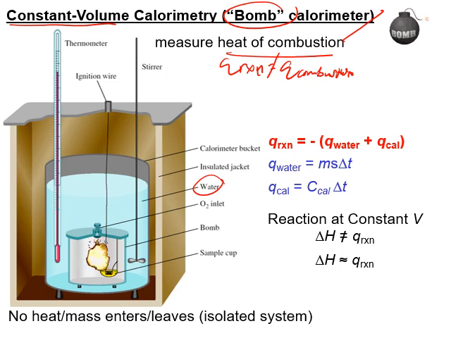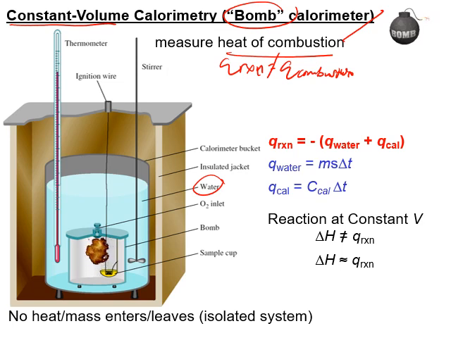Alright, let me walk you through the details of this bomb calorimeter. As you can see here, we have a calorimeter bucket. We put it inside insulated jackets, and inside the bucket we put a fixed volume of water.